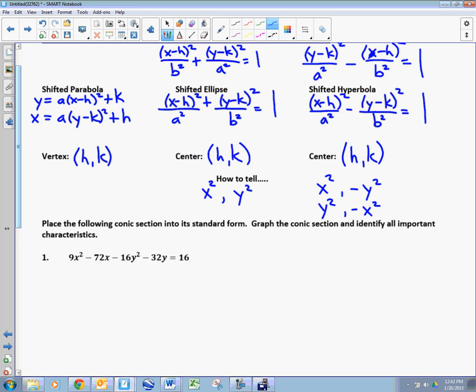Correct? What makes the parabolas different from those? One of them's not squared, correct? So in the first one, you have a y and then an x squared. And the other one, you have an x and you'll have a y squared. So parabolas only have one part that's squared, not both.